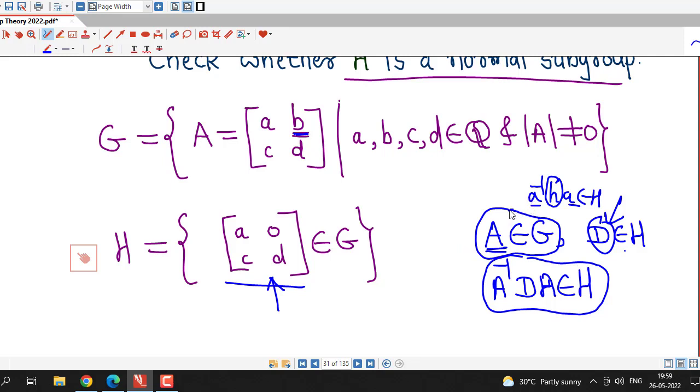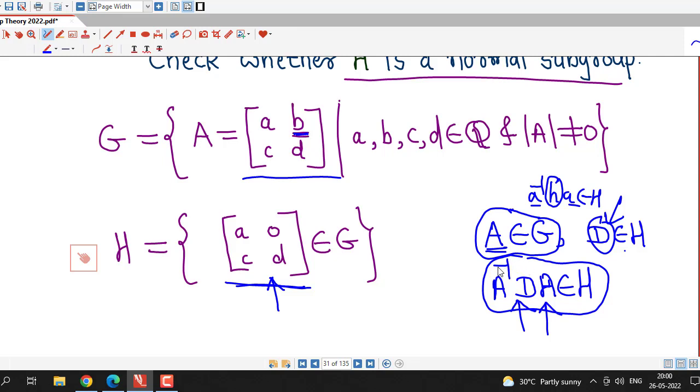So instead of directly proving this, we can try particular matrices. We can take one matrix from group G and another matrix from subgroup H, and check whether this condition is satisfied or not.